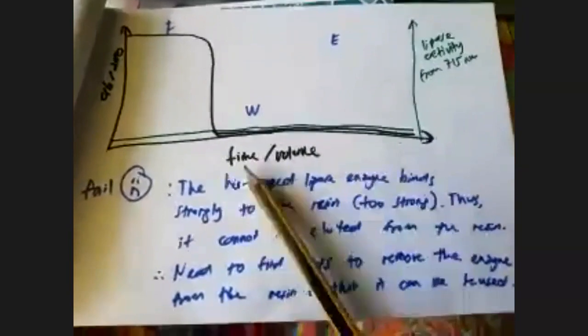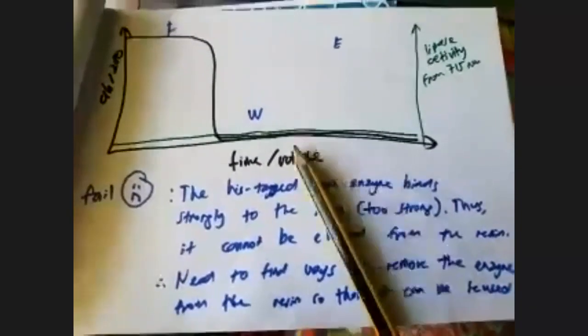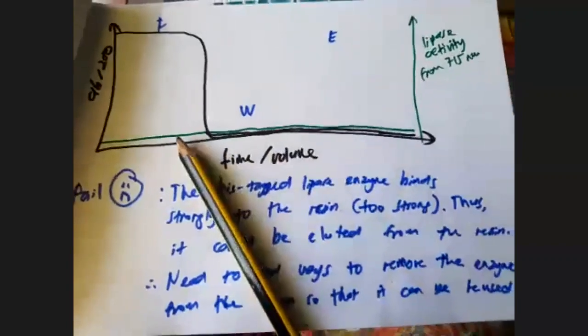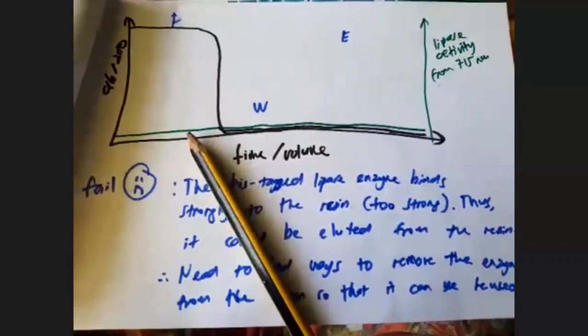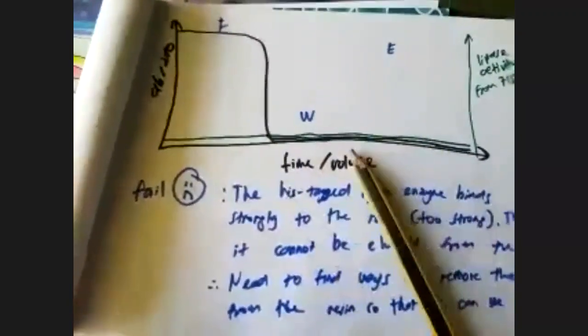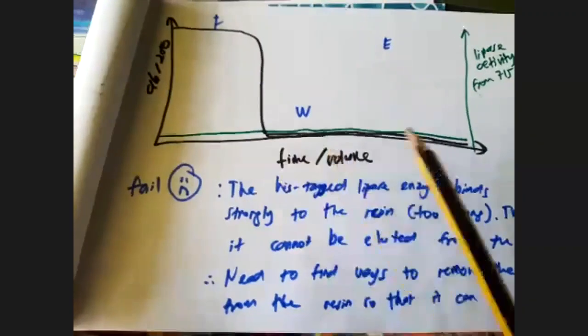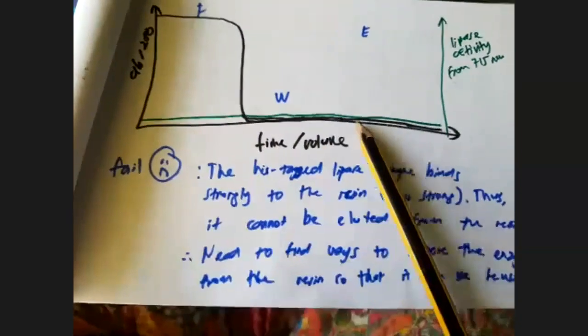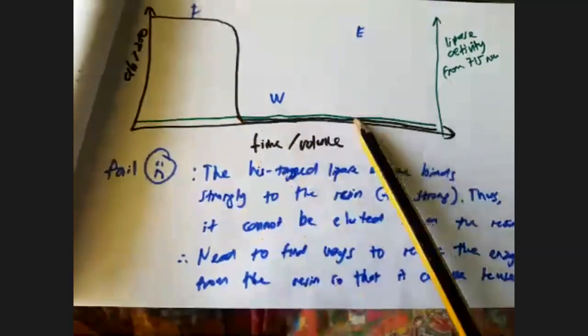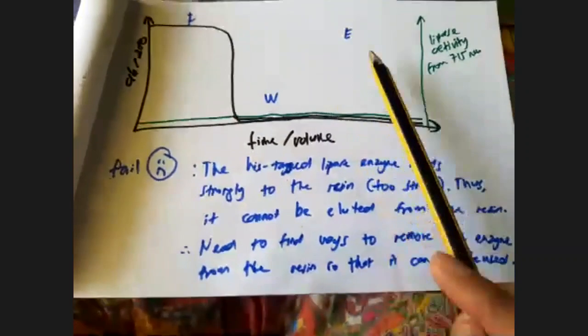So you need to find ways. Too strong binding is not good. Not as bad as no binding at all, that's the worst. But for this one, you need to find ways to make it less strong, and then still can be eluted from this part.